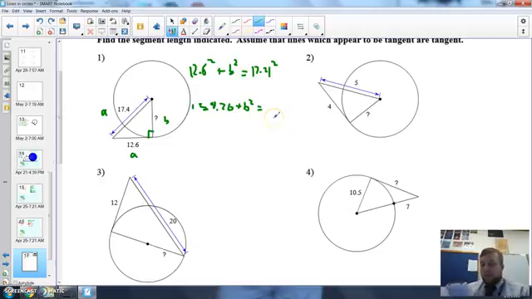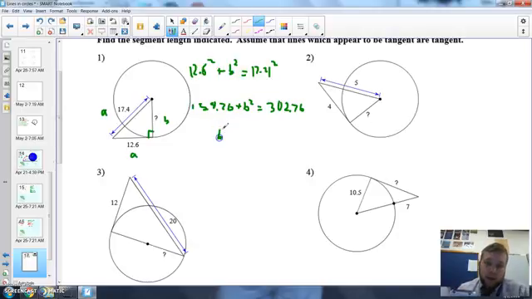Equals 17.4 squared, which is 304.76. I should probably go ask if I'm subbing today. I might have to sub today. Alright, and then I just solve for B squared. So I'm going to take that minus my 158.76, which is 144.